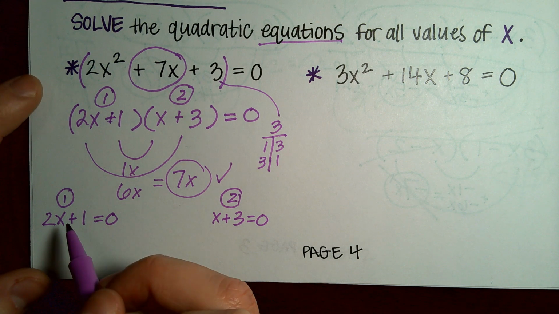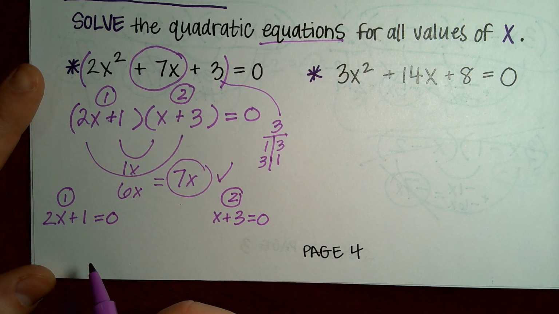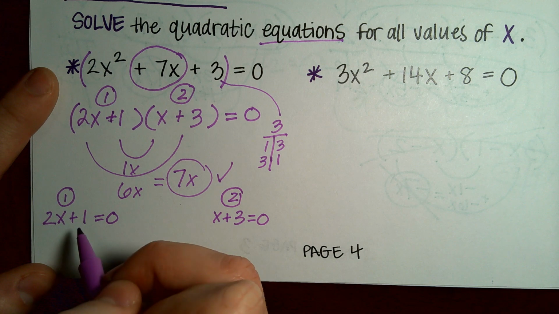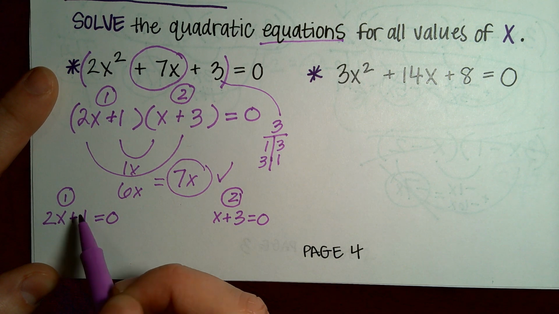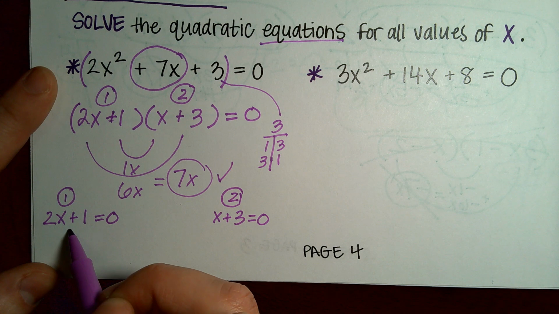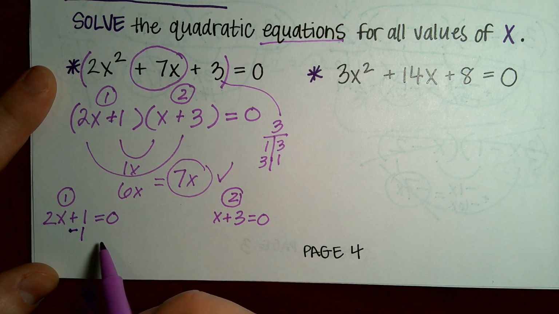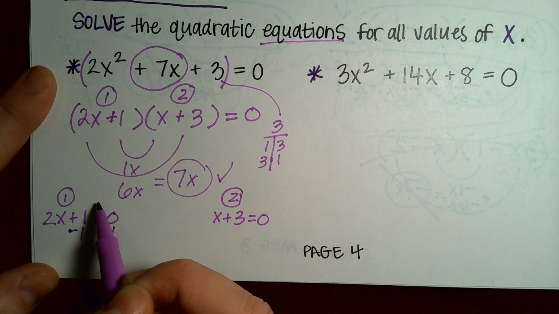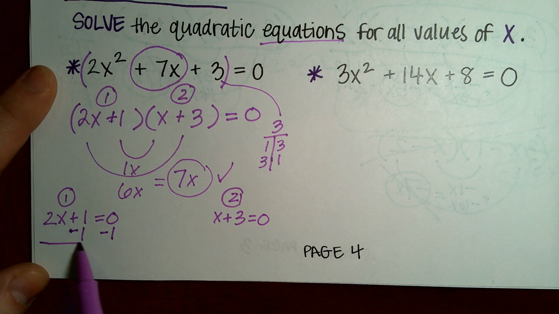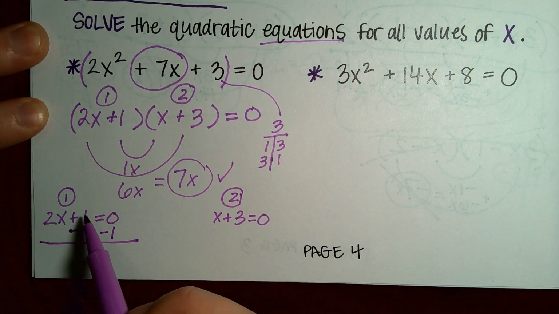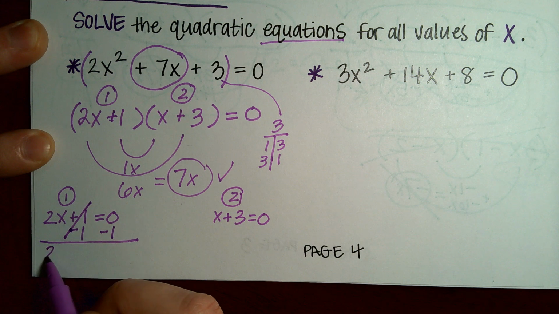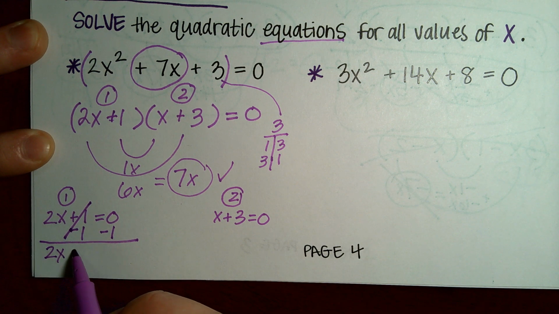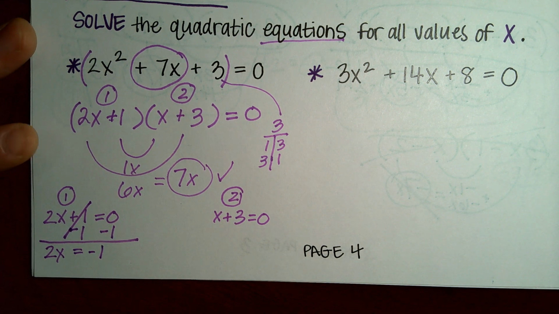Take one from both sides. Yes, I want to try to get x by itself, and to get one step closer to that, let's get rid of this plus 1. I'll do -1. You do the opposite on both sides of the equation. So +1 and -1 would cancel out. And that would leave me with 2x equals -1.